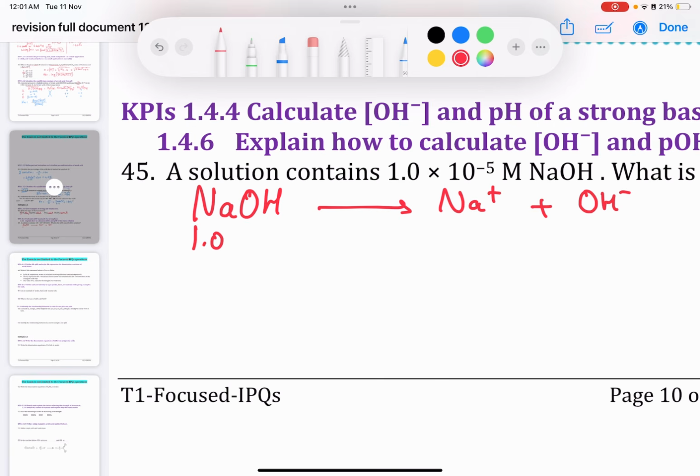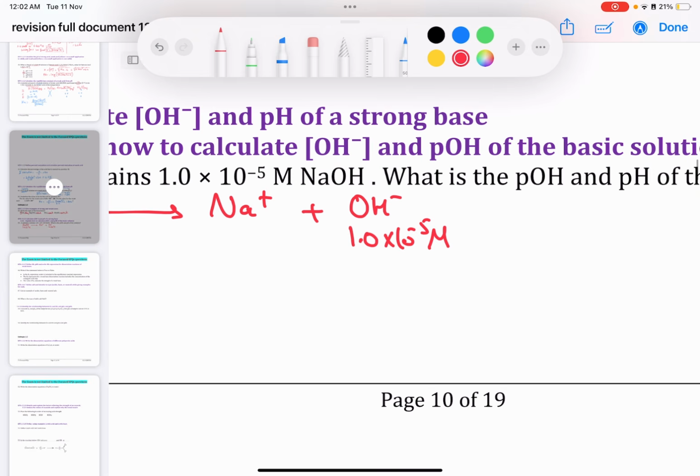That means all the NaOH that we have over here is going to fully turn into OH minus. So the concentration of the given base totally turned into OH minus, so the concentration of OH minus is 1.0 times 10 to the power negative 5.